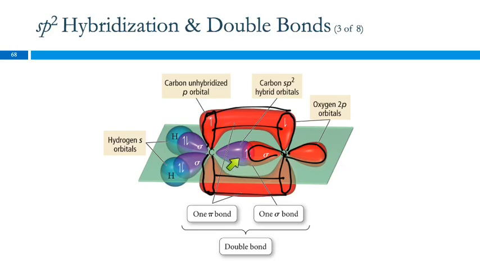This is end-to-end. End-to-end is a much better overlap. It works out better. It's lower in energy. It's a stronger bond. This is a side-to-side overlap. Not as great, but it still happens. If the carbon here was sp3 hybridized, it would not have this p orbital that could overlap side by side with this p orbital.